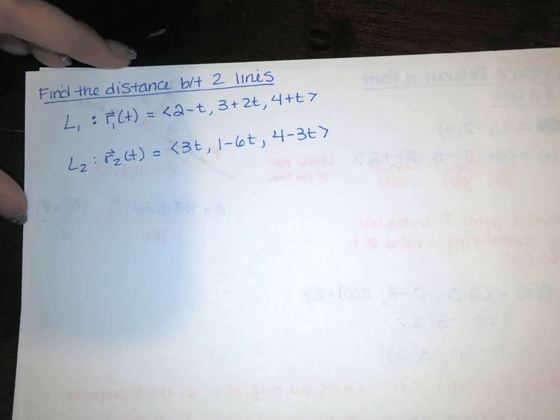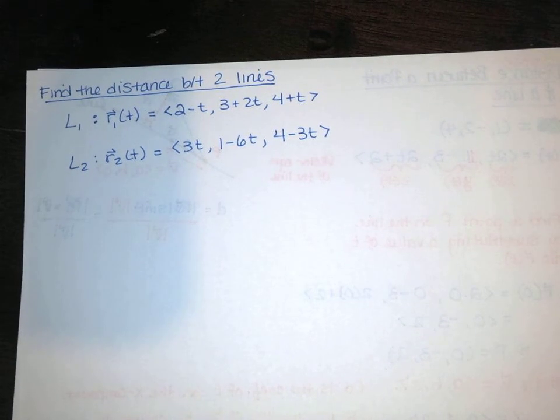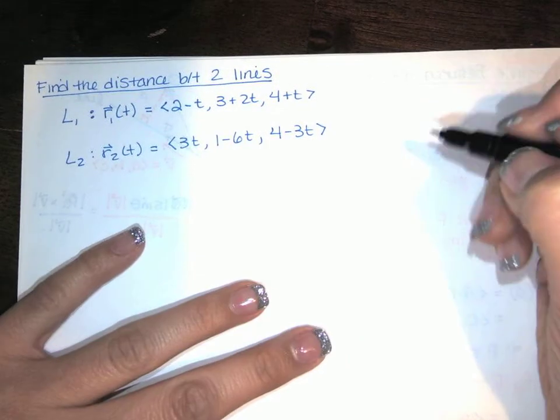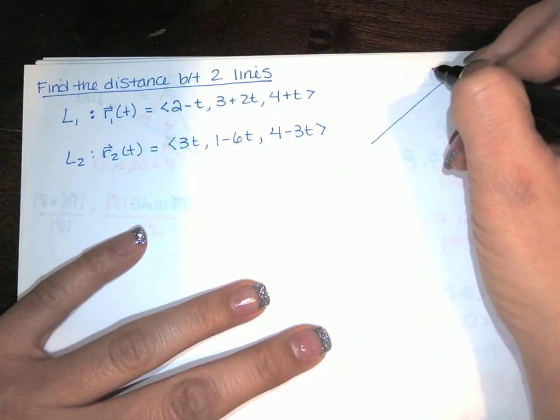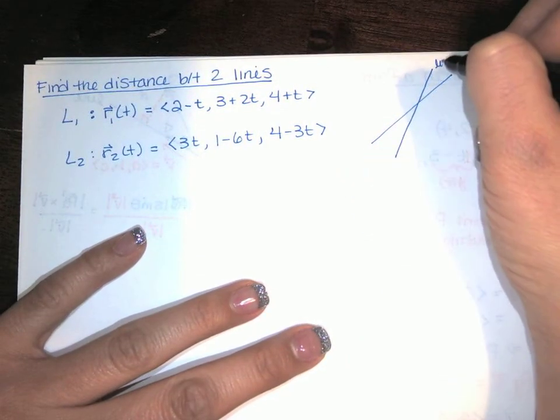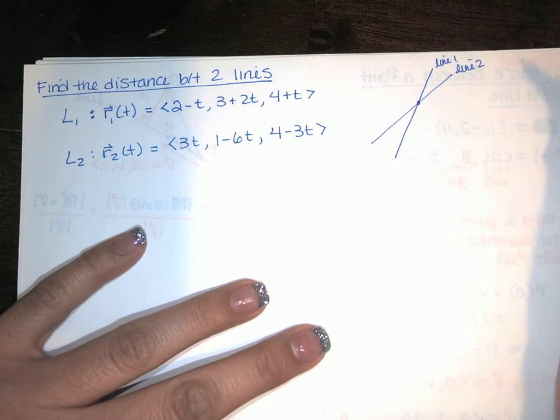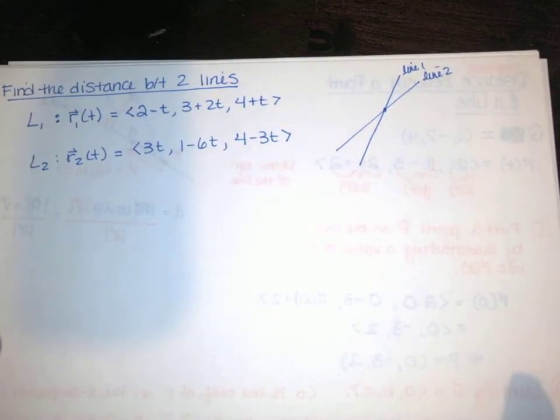Let's say you want to find the distance between two lines. Now, if I have two lines and they're not parallel, if this is line 1 and this is line 2, well, the shortest distance between the two lines is 0 because they cross somewhere.